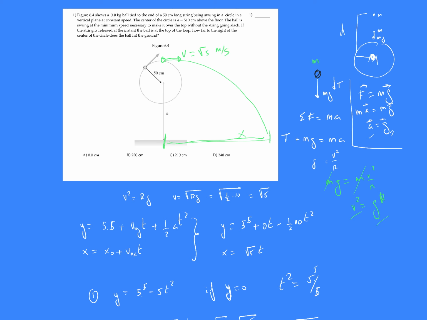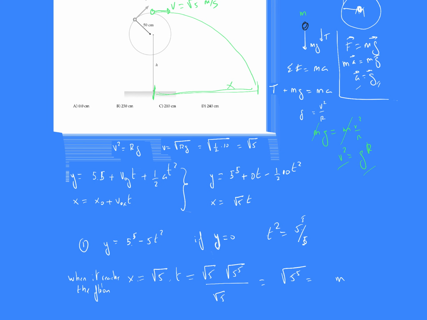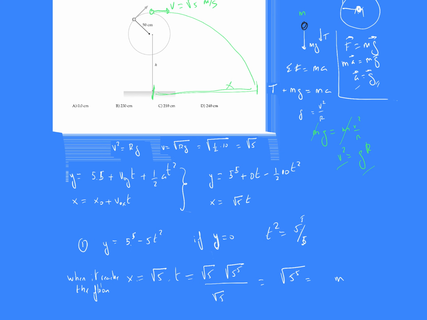So we use our equations of motion with constant acceleration that we learned in chapter 2 and chapter 3. So y is y0 plus v0y times t minus 1/2 g t squared. What is y0? y0 is the initial height.